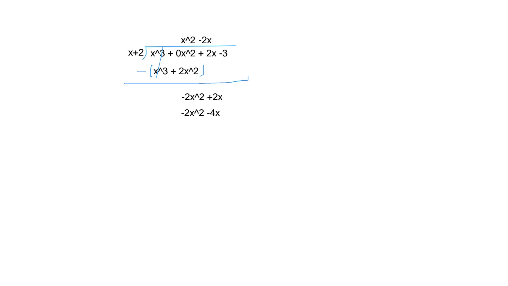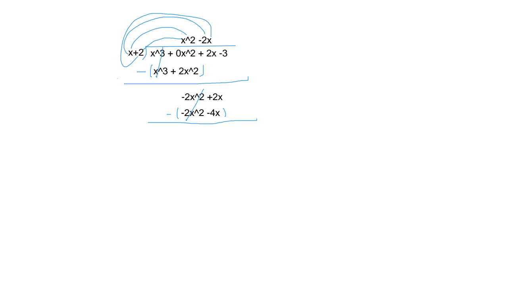So I have to multiply with this, and also multiply this with both of them. All right. So I get two terms. Now again I do subtraction. When I subtract, the first term gets eliminated. 2x minus negative 4x, that's positive 6x.